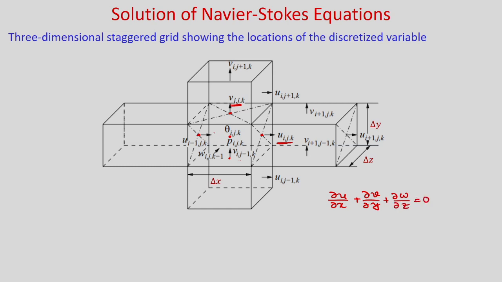We need to satisfy this equation in this cell, where del u by del x will be u i j k minus u i minus 1 j k divided by delta x, because that is the first derivative discretization. Similarly, v i j k minus v i j minus 1 k divided by delta y gives del v by del y. Similarly, you can find del w by del z, and obviously this is the grid size delta x, this is delta y, and this is delta z.